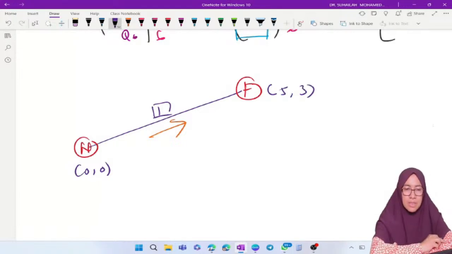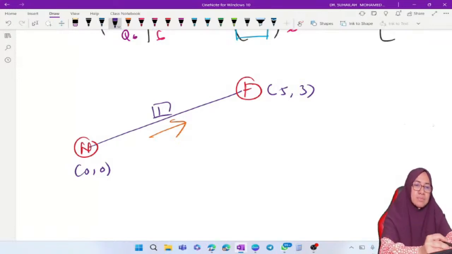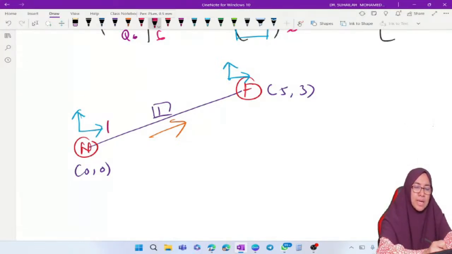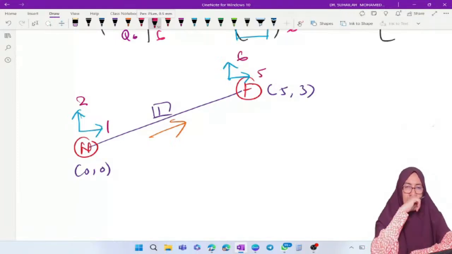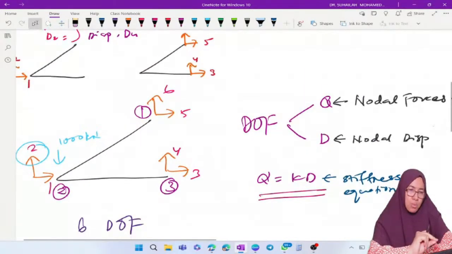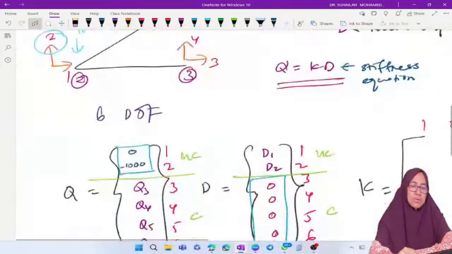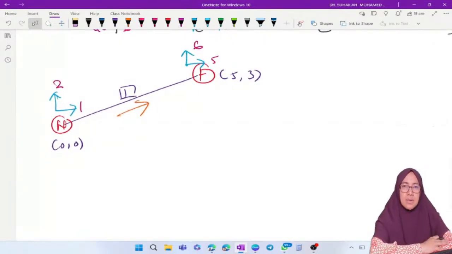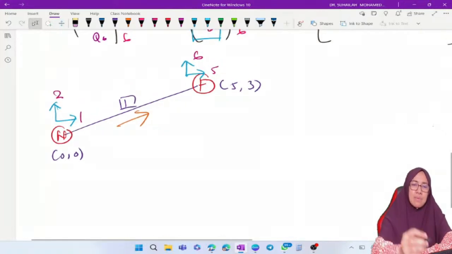The degrees of freedom: 2 at each node. This is 1 and 2, 5 and 6. 1, 2, 5, 6. We have to refer back to this. This is element number 1.